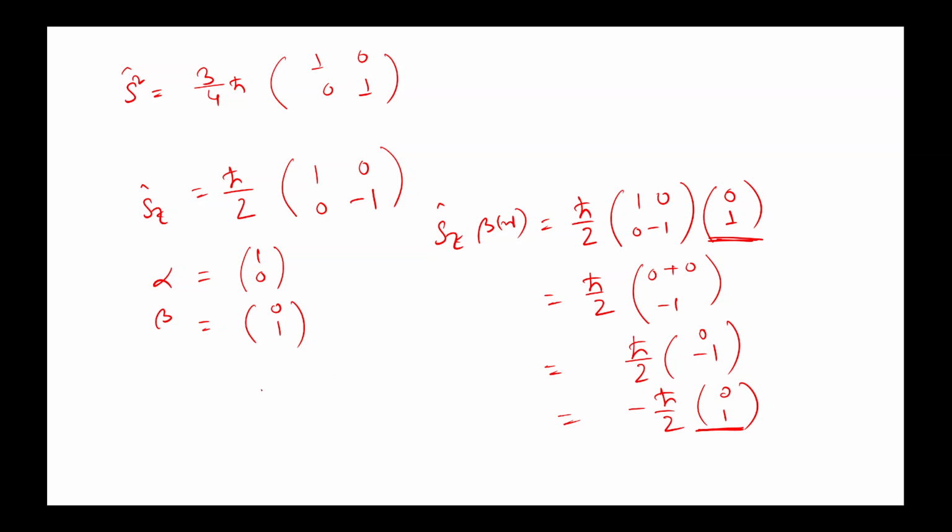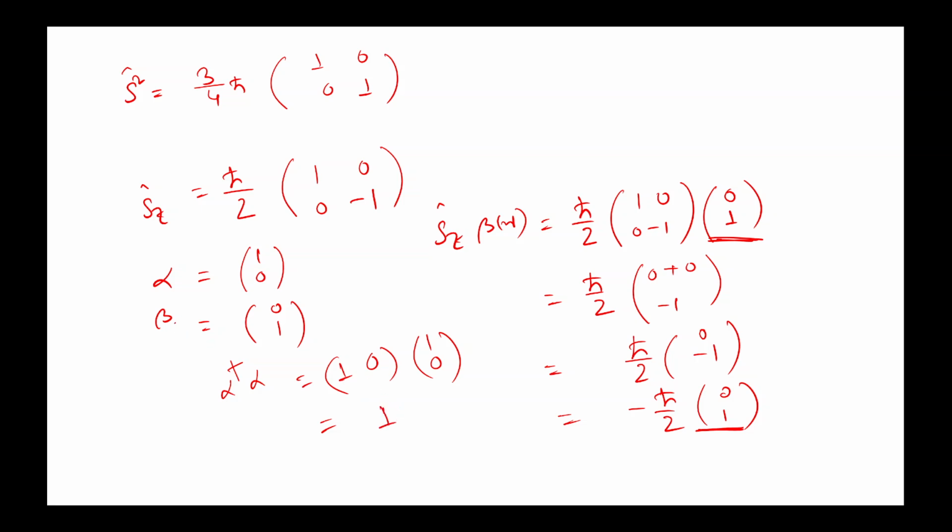And one more thing is that this alpha and beta are obviously orthonormal. For example, if you see alpha dagger alpha, when you write the dagger, you write it as a row vector, and for the alpha part you write it as a column vector. And you can see that this is 1 1 and 0 0, which gives you 1.